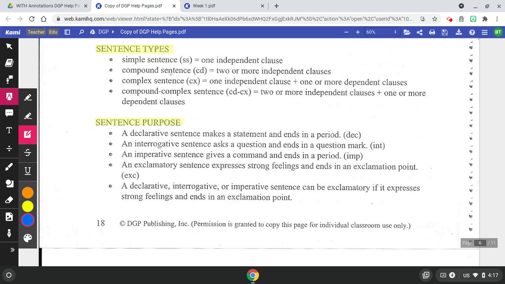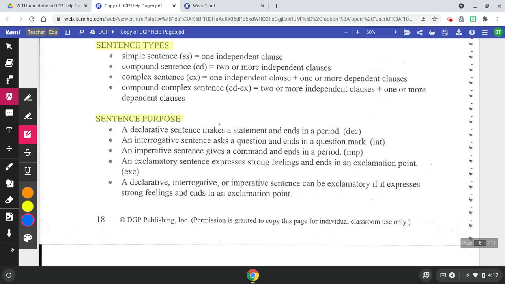All right, moving on. Sentence purpose. You had this as well in elementary, whether you remember it or not. A sentence really only has 4 types of purposes. And those 4 types of purposes are very easy. A declarative sentence is going to make a statement and end in a period.